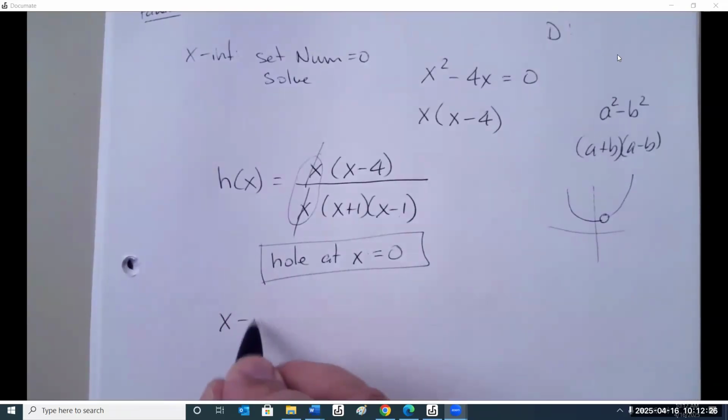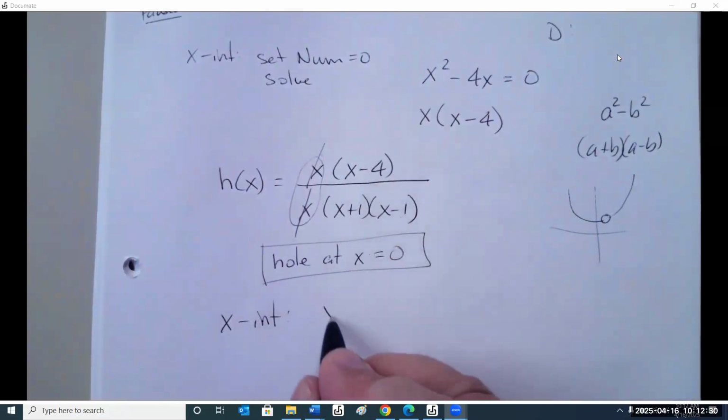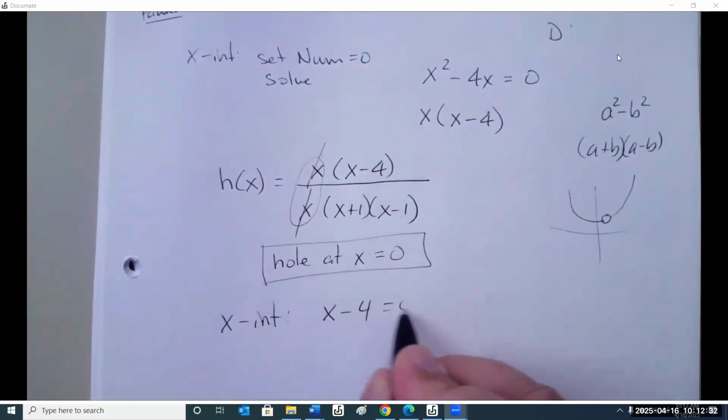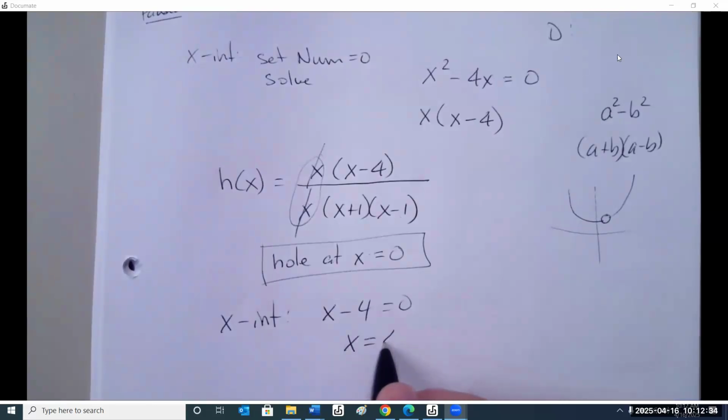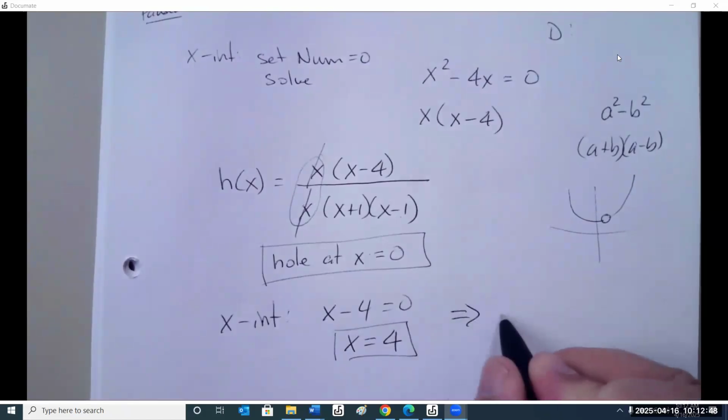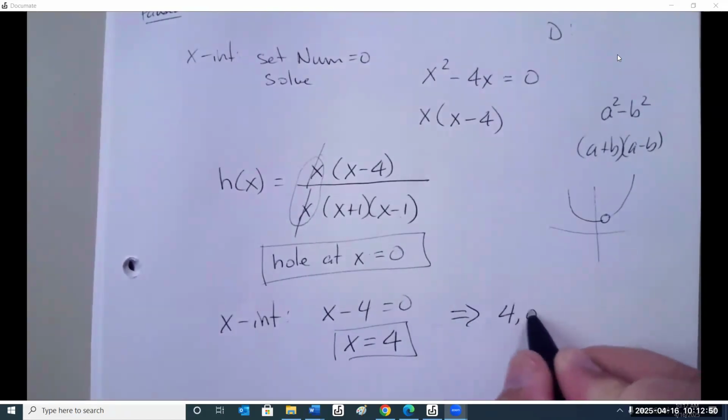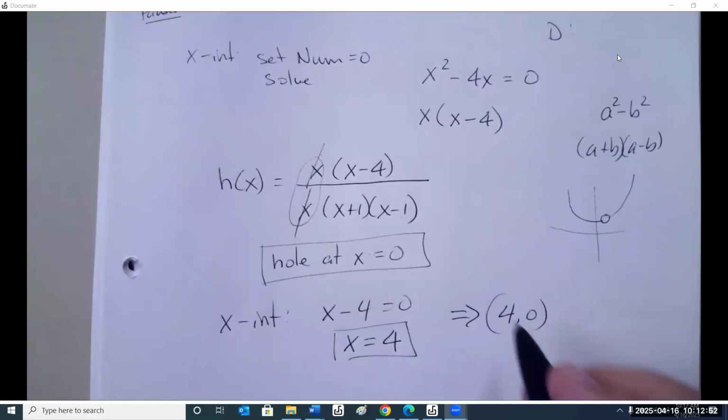What is our x-intercept? Our x-intercept now is at x minus 4, so our x-intercept is at 4 comma 0.